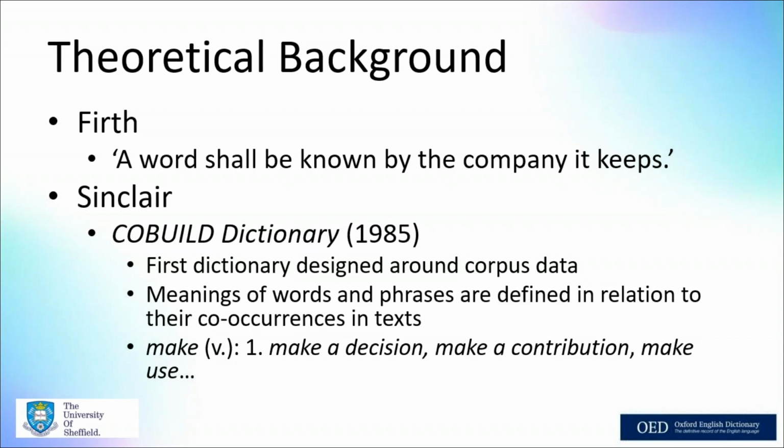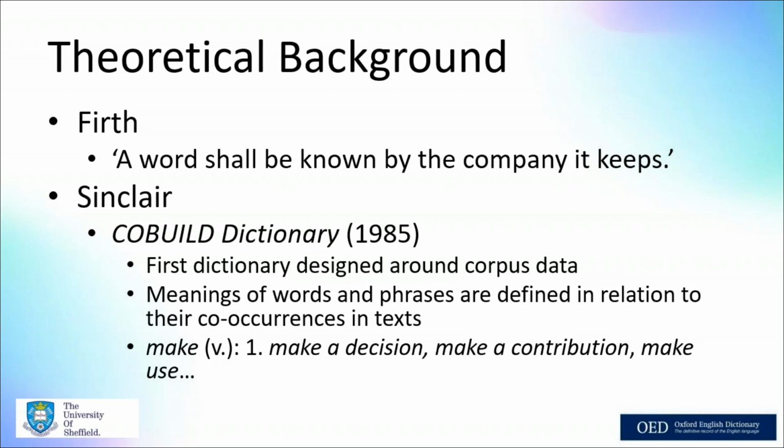So if you look at any given contemporary English corpus, you'll see that a word like make occurs with a high frequency with words like decision and contribution and use. So in the Co-Build Dictionary, the very first meaning listed for the word make is its light verb meaning, which is examples like make a decision, make a contribution, and make use.